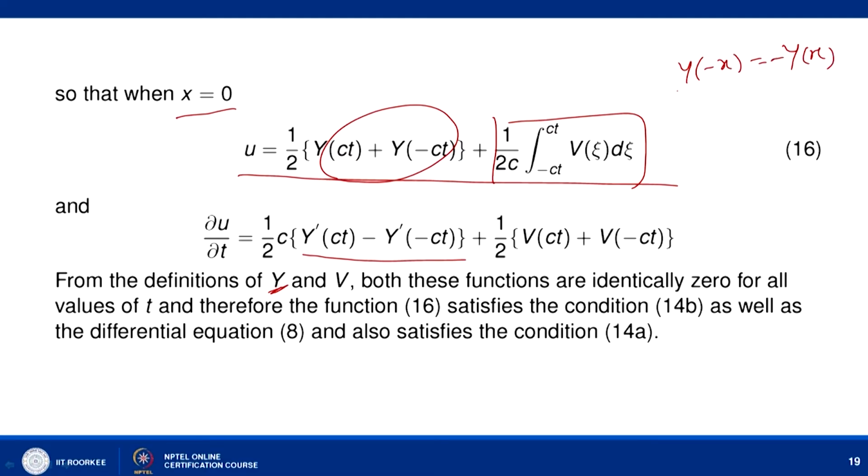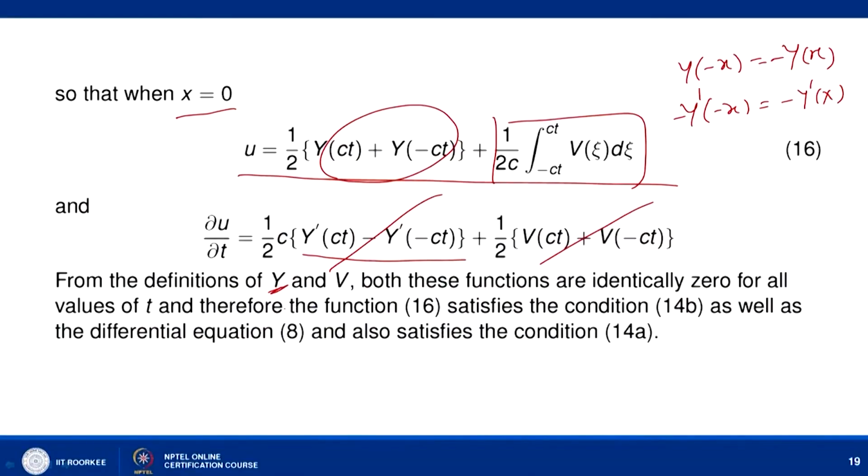So, when you differentiate it, what you will get is y'(-x) times minus 1 equal to minus y'(x). So, using this, this quantity is 0 and this quantity is 0. So, it means that u(0,t) is going to be 0 and ∂u/∂t at x equal to 0 is going to be 0.